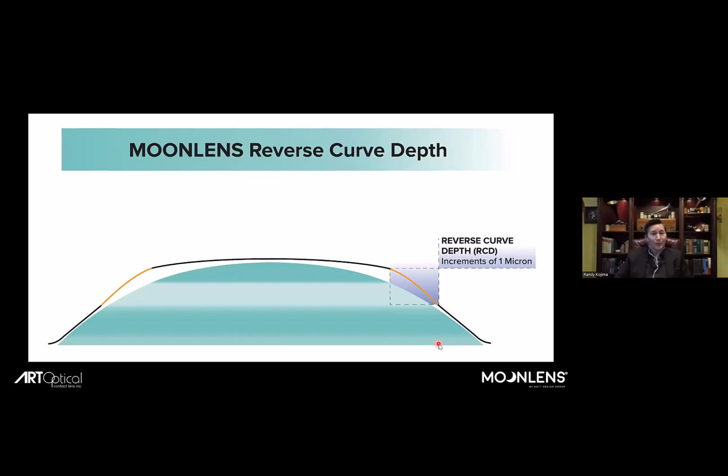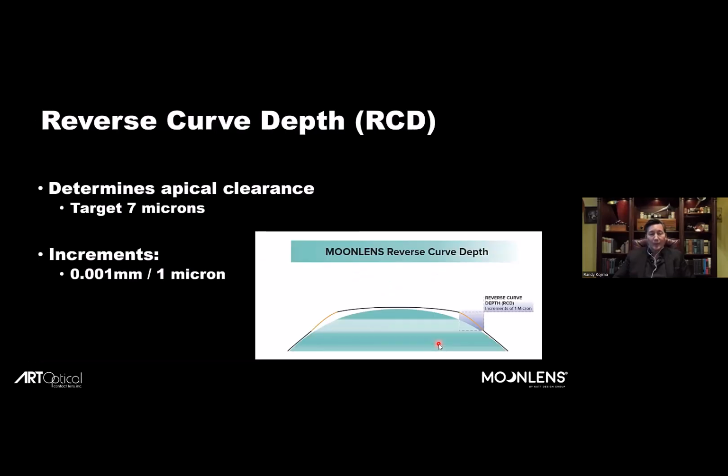Nothing you need to worry about, all calculated by the software or by the Art Optical team to give you the appropriate lens parameters. But what the reverse curve depth is going to do, again, is going to target 7 microns of fluid layer between the apex of the back of the lens and the apex of the cornea. And that can be adjusted in 1 micron increments.